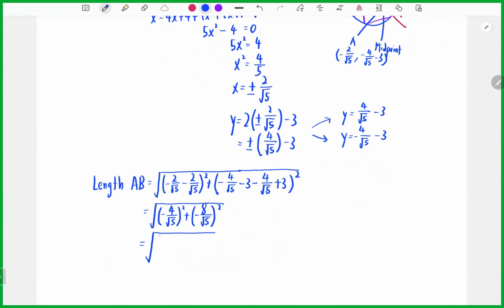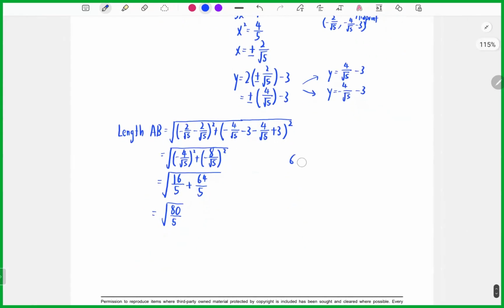Here you will get 16 over 5 plus 64 over 5, which is 80 over 5, which is 16.